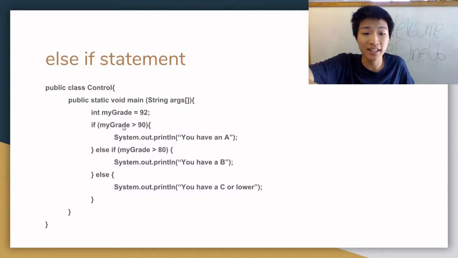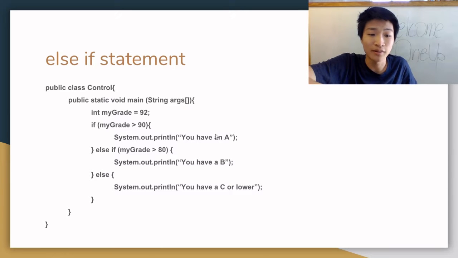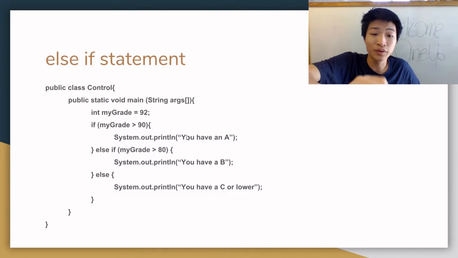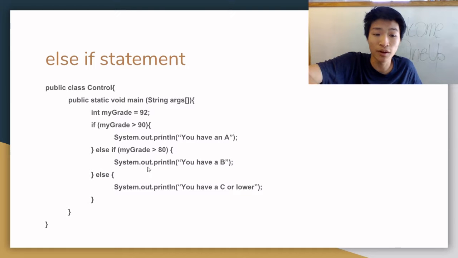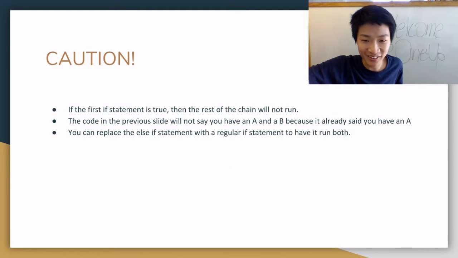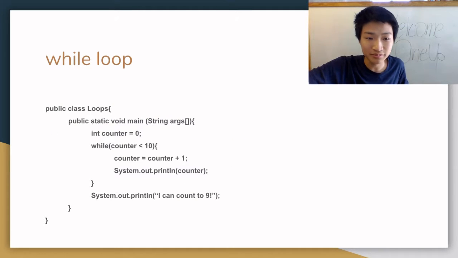If my grade is greater than 90, which it is, it'll print out an A. Because the if statement already worked, it won't check these, so it won't print a B or a C. It will only print the A. So make sure you don't want it to do multiple of these things. Only one statement, depending on what's inside the if statement. If that doesn't make sense, we'll see it in later examples.